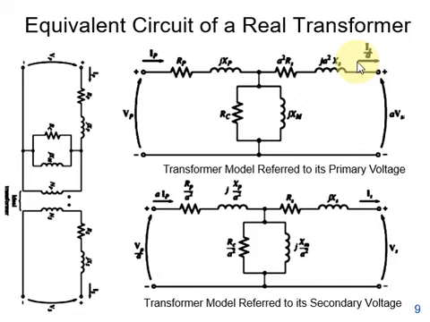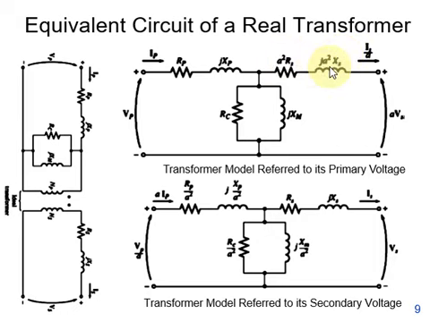You can see in the top figure, this is a square into Rs and a square into Xs, because the transformation ratio was a.